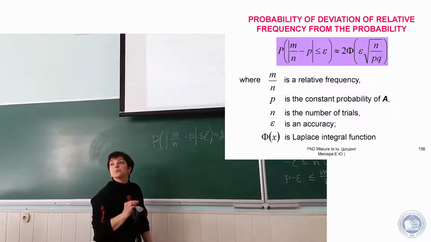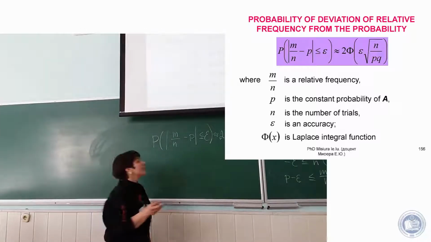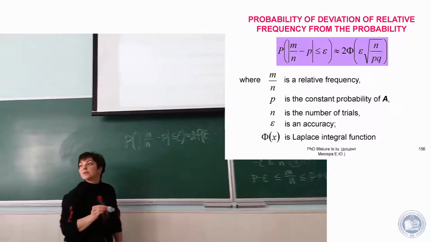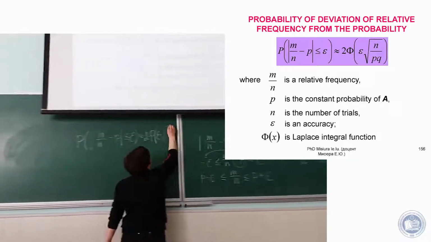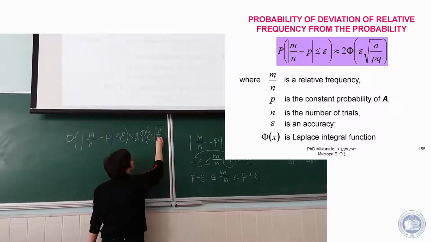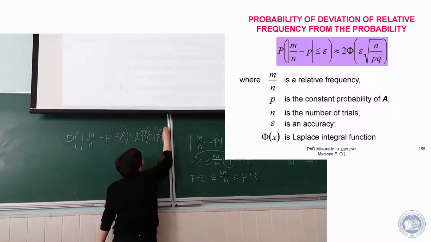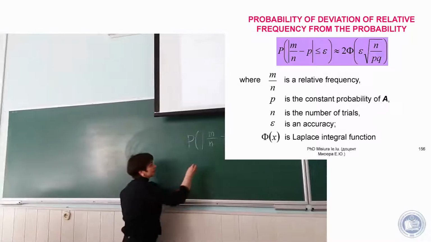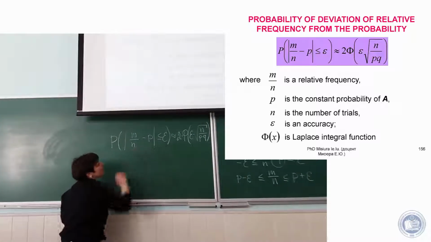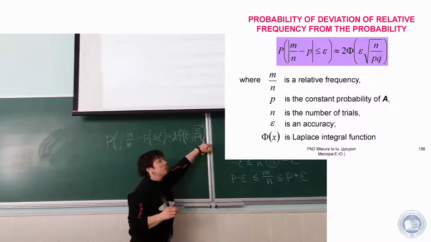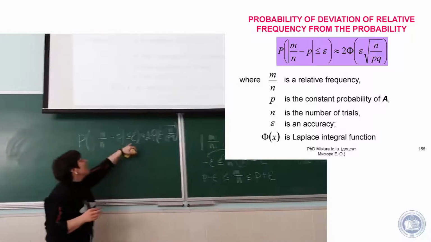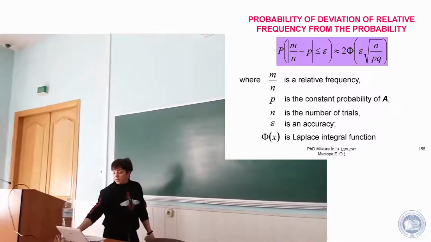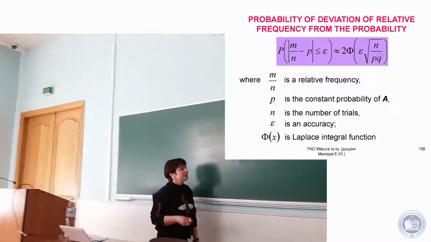What fraction? Epsilon times root of n divided by root of p times q. Okay, students, we have little p, little q, n, epsilon. We have unknowns. And now let's solve examples.